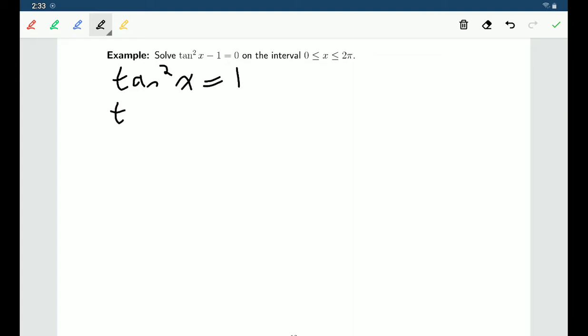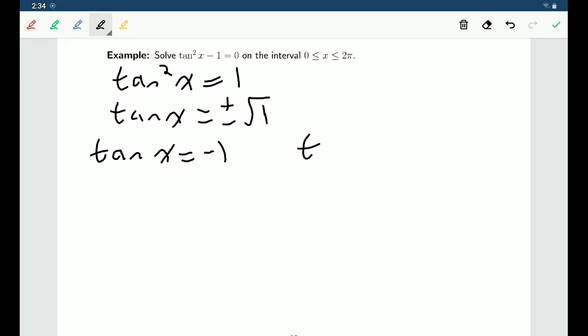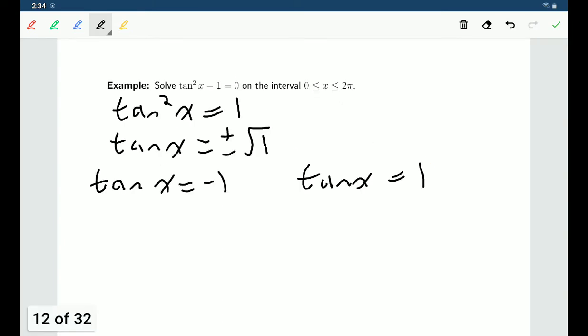And so then tangent of x should be plus or minus the square root of 1. So we have actually two equations to look at now. We have the equation where tangent of x is equal to -1, and also the equation where tangent of x is equal to +1. So when we're solving, we're going to find solutions to both equations.